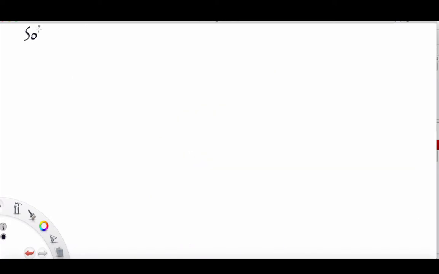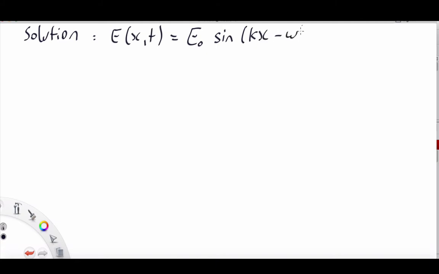Now the solution to this, I will tell you and then I'll prove it. The simplest solution, at any rate, is the equation of a sine wave, where electric field as a function of position and time is E₀ times sin(kx minus ωt). This is our equation for a sine wave.